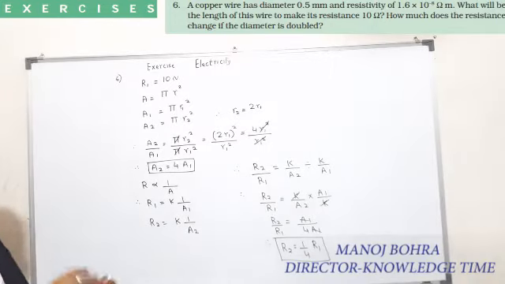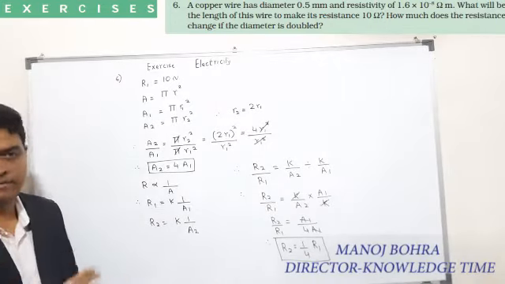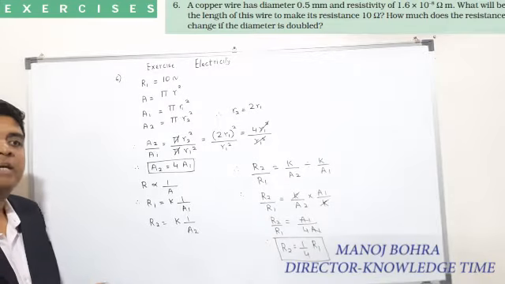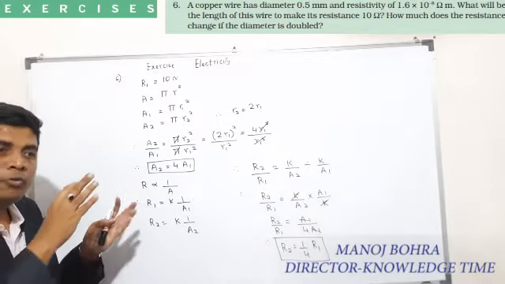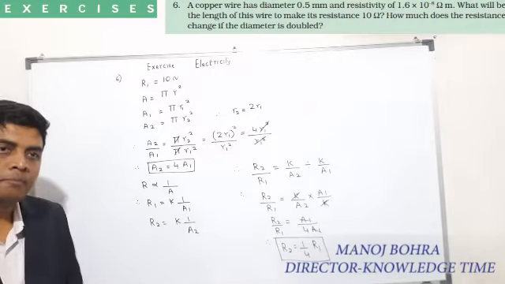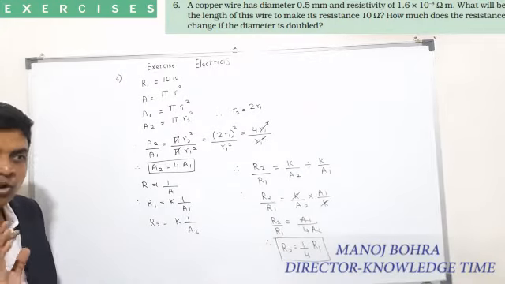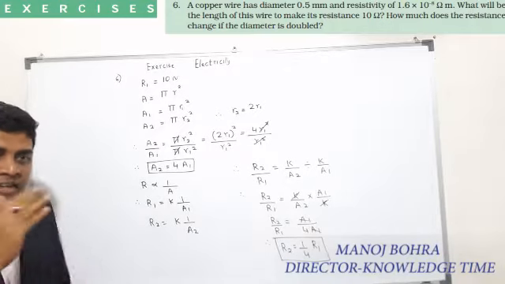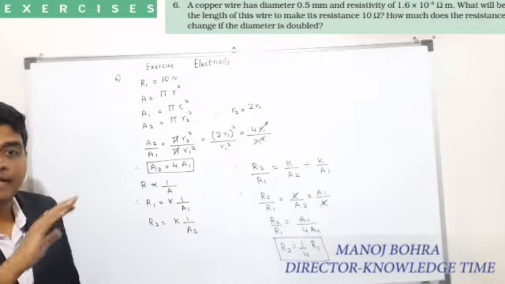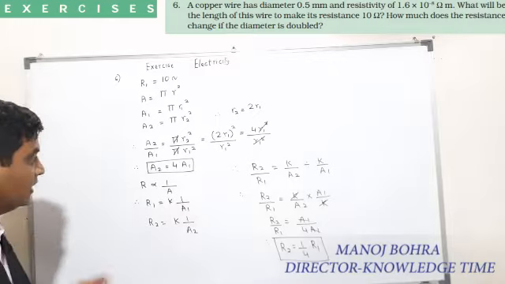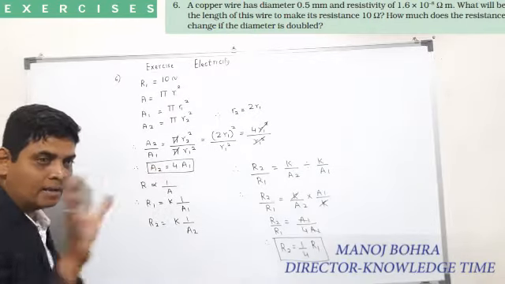Okay, so we have now found the relation between the two areas. But we have to find the relation between the resistance. So how is resistance dependent on area? Resistance is inversely proportional to the area. So if my area is increasing, my resistance will decrease. So what does the logic say? I'll tell you, without solving the sum you should know.